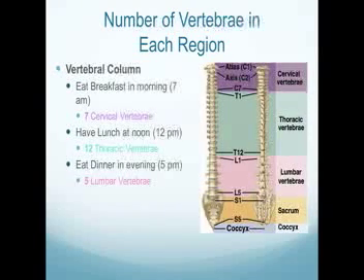When you look at the thoracic region, you have 12 vertebrae. You're going to eat lunch at noon, which is 12. And then you're going to have dinner at 5, which denotes 5 lumbar vertebrae. Fortunately, I don't have anything for the sacral or coccyx at this point, but as you know, the sacral region has 5 fused vertebral bones, and the coccyx generally is comprised of 3.